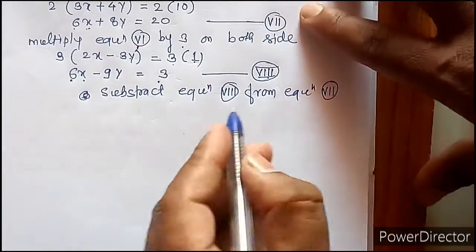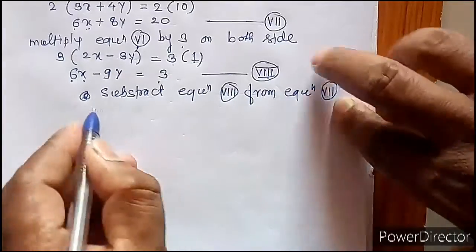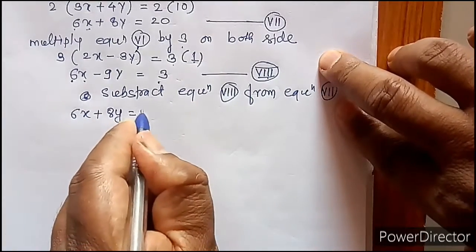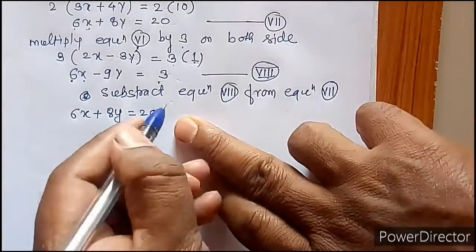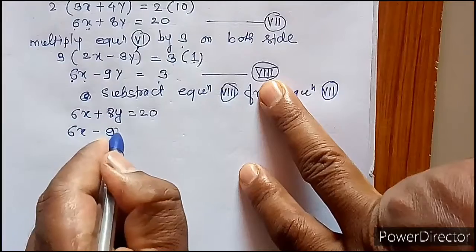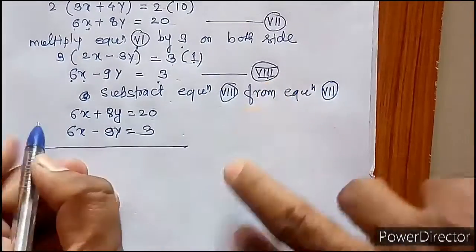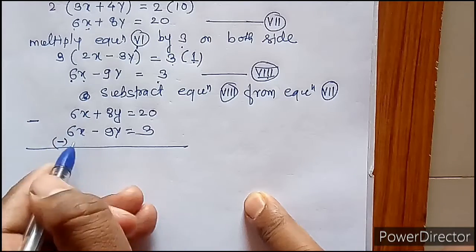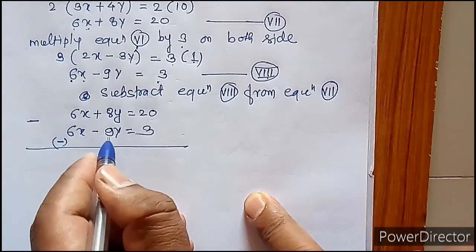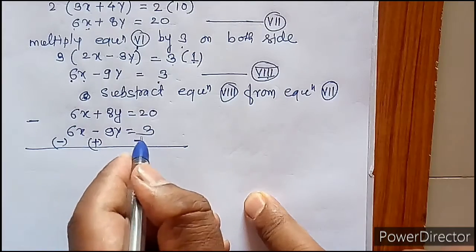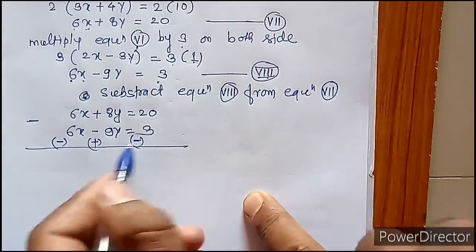Equation number 7 is 6x plus 8y equals 20. We have to subtract equation number 8, that is 6x minus 9y equals 3. The minus sign changes the signs of the second equation: plus 6x becomes minus 6x, minus 9y becomes plus 9y, and 3 becomes minus 3.